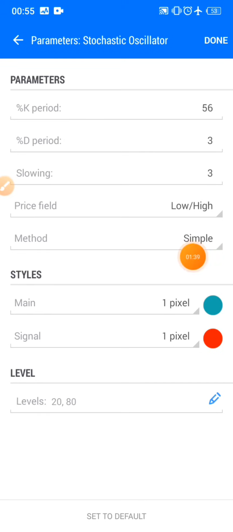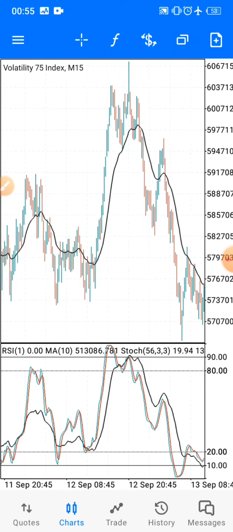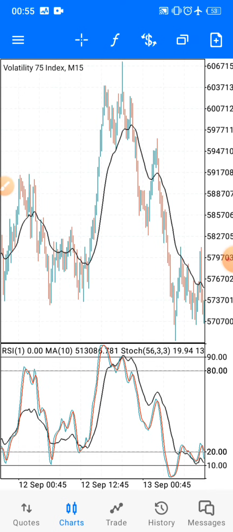Then for the pixels, make sure you choose 1 pixel so that your lines aren't too thick, then you can see them clearly. Then click done. Now we are done setting up our indicators. It should look like this.